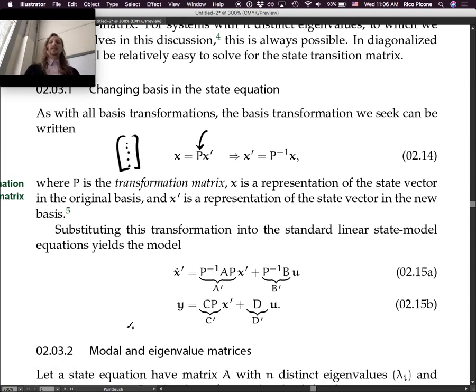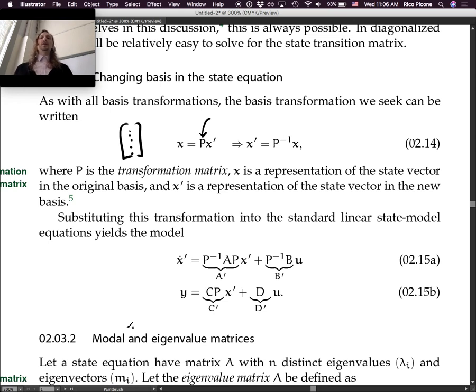So substituting this transformation into the standard linear state model equations yields the model. We just plugged into our old x dot equals Ax plus Bu, x equals P x prime.